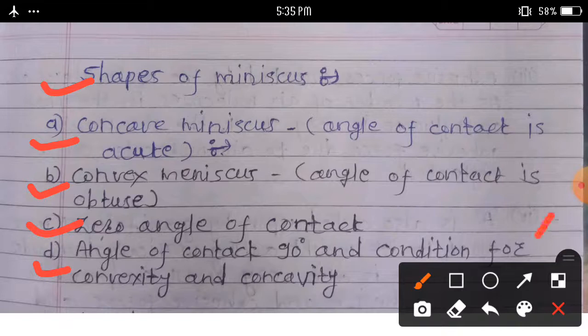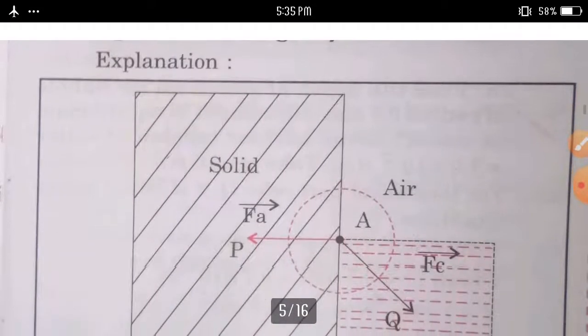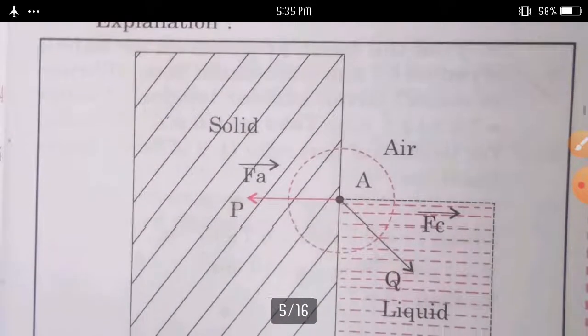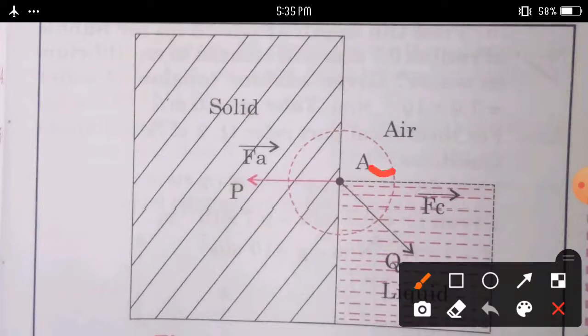See this diagram. The phenomenon of angle of contact can be explained on the basis of molecular theory. Consider a molecule, capital A, of liquid in contact with a solid.